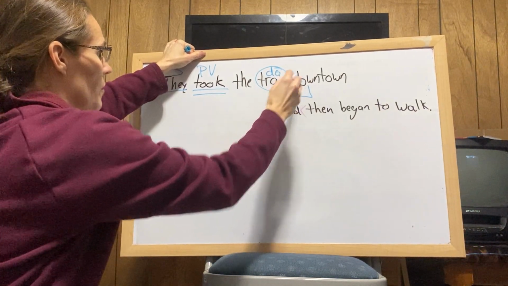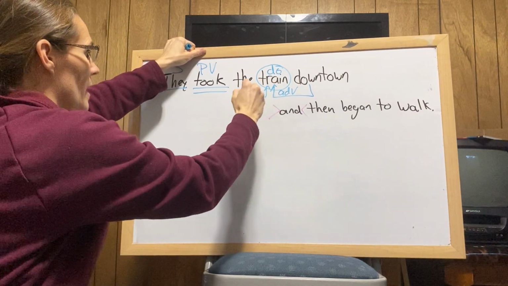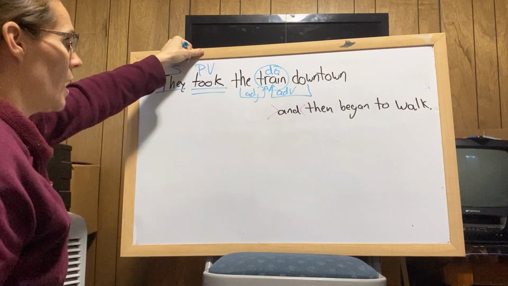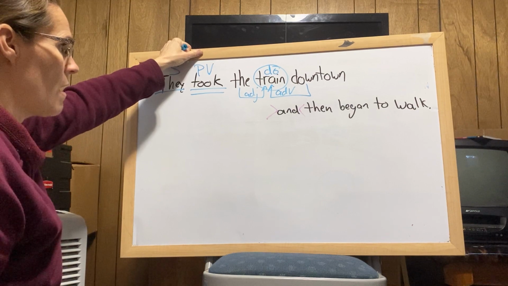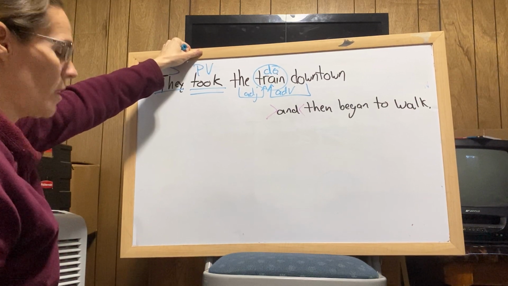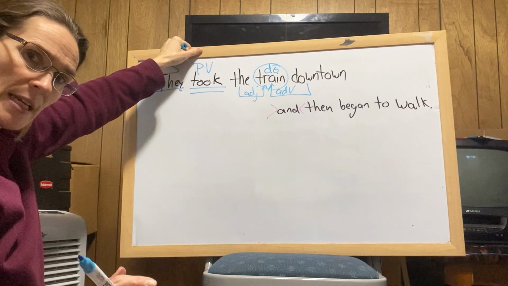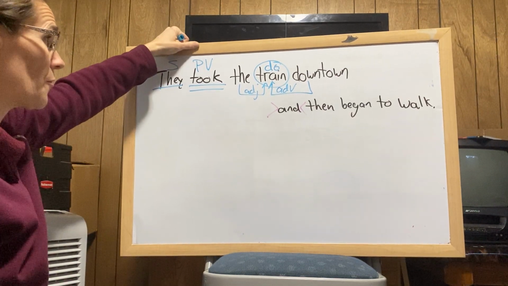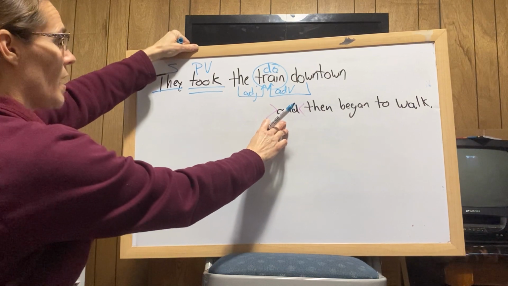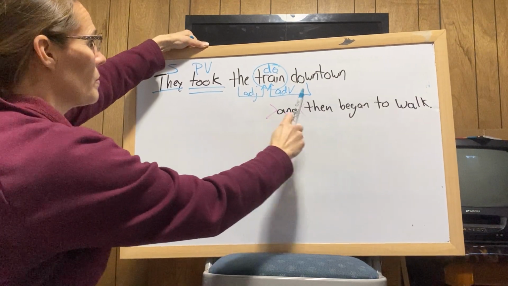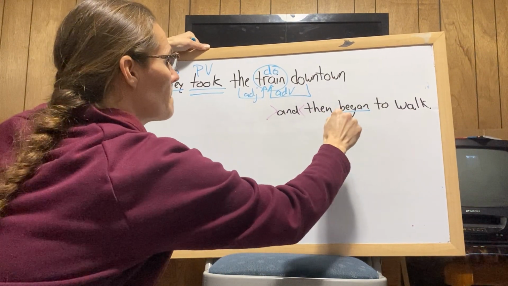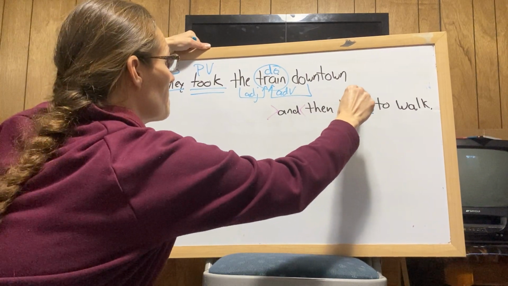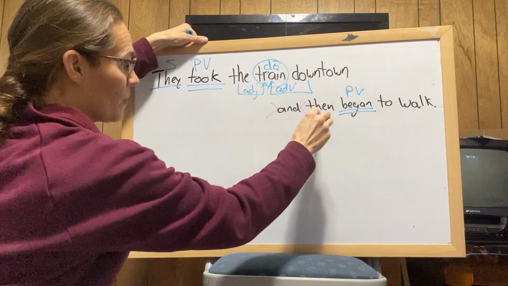Downtown. That's an adverb. The is an adjective. And then began to walk. Wait. Began is another verb. So we have a compound predicate verb, okay? Then is an adverb.